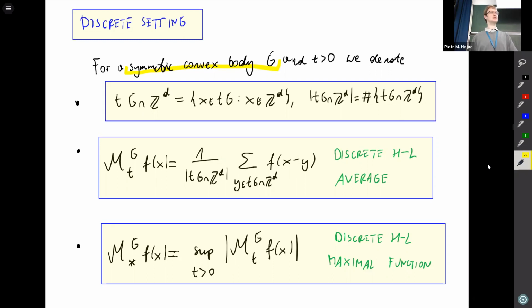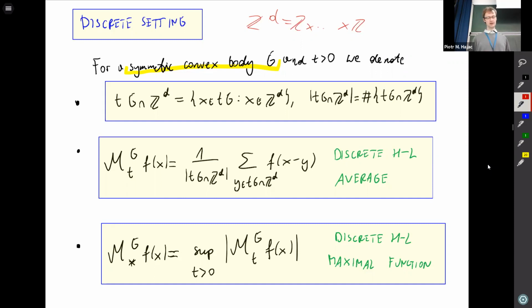But instead of just thinking about the dilation tG, we would like to think about tG intersected with the integer lattice Z^d. So Z^d is just Z times Z times Z. We are now asking about the set of those tuples of integer points that lie inside the convex set tG.